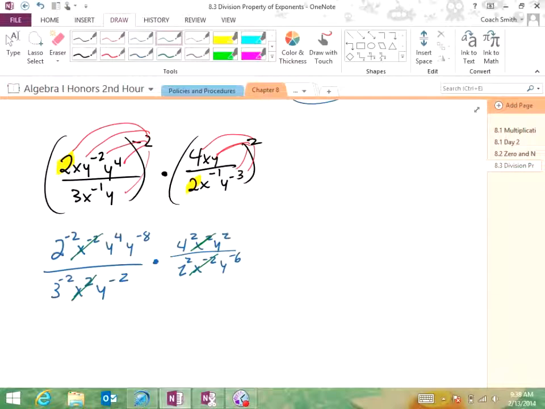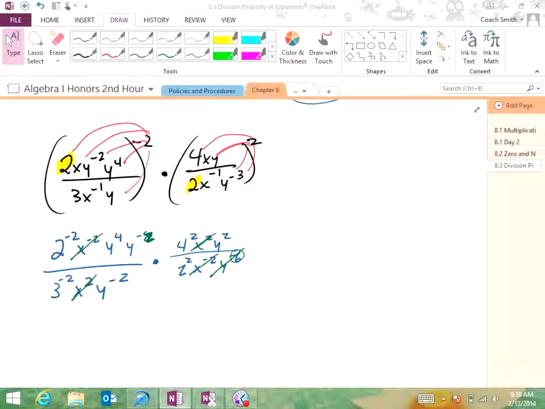All right, now, this right here cancels, making this a 2. Yeah, it's negative 2, yeah.